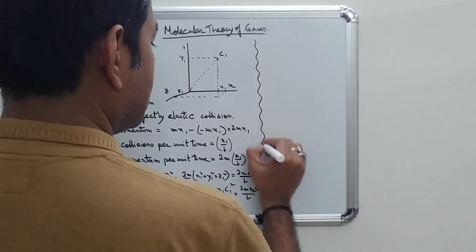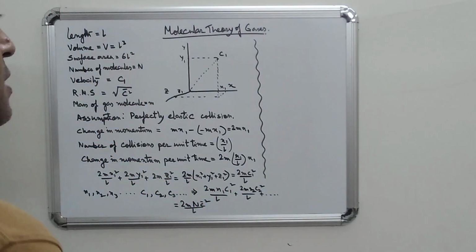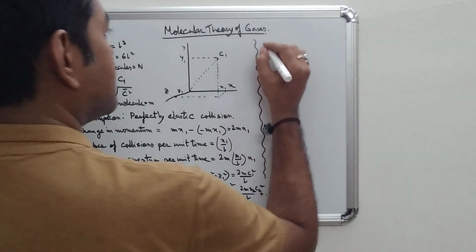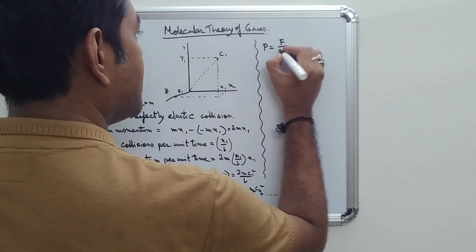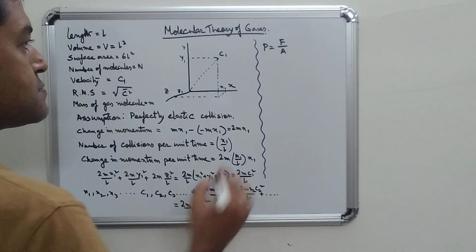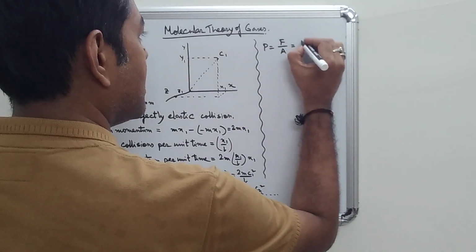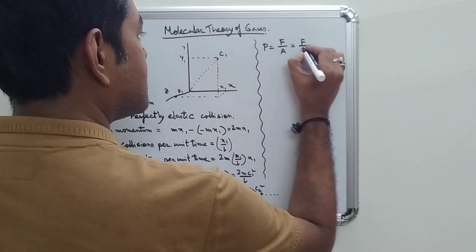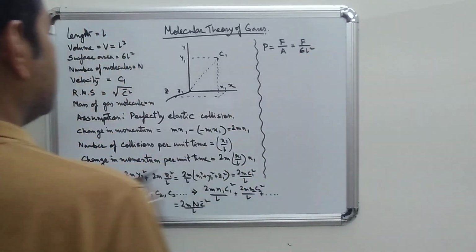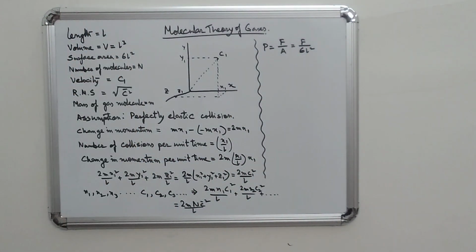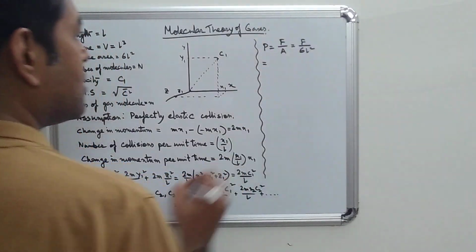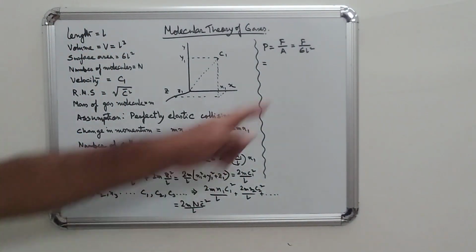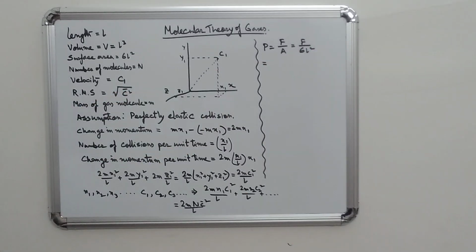In the next phase, as we know, pressure is force per unit area. Here the area is 6L square, which I have already told. From Newton's second law, the force generated will be the rate of change of momentum.